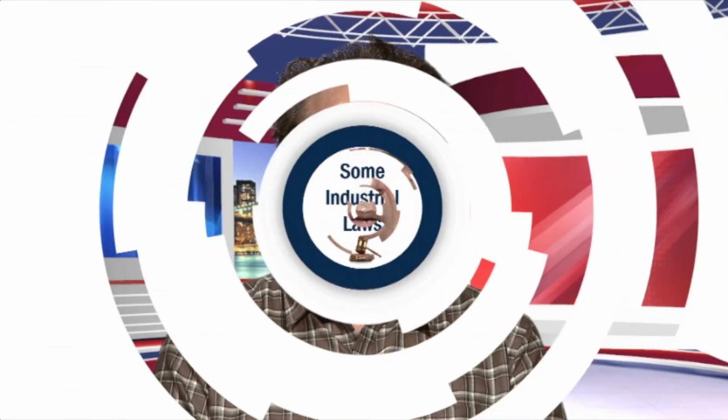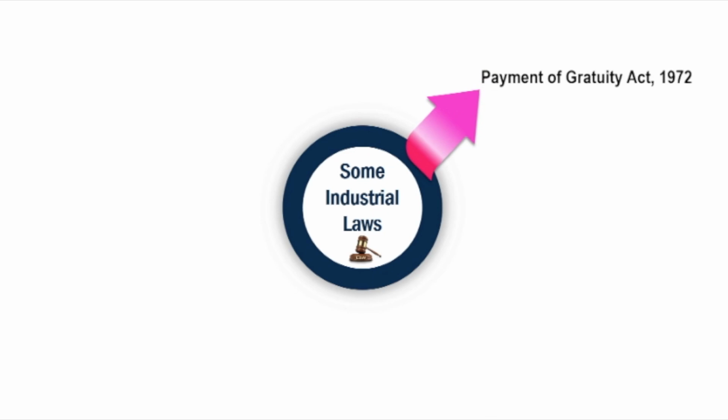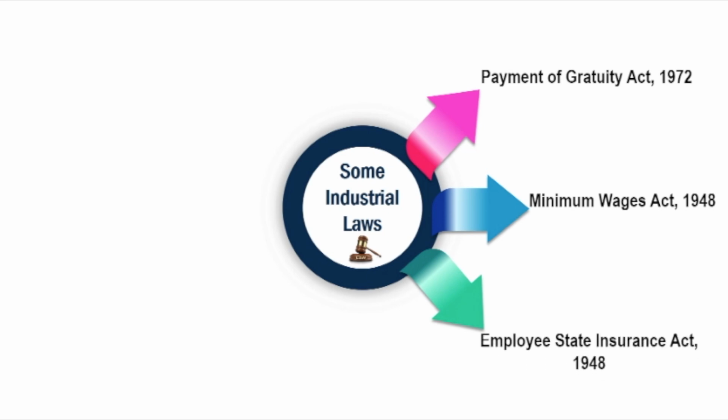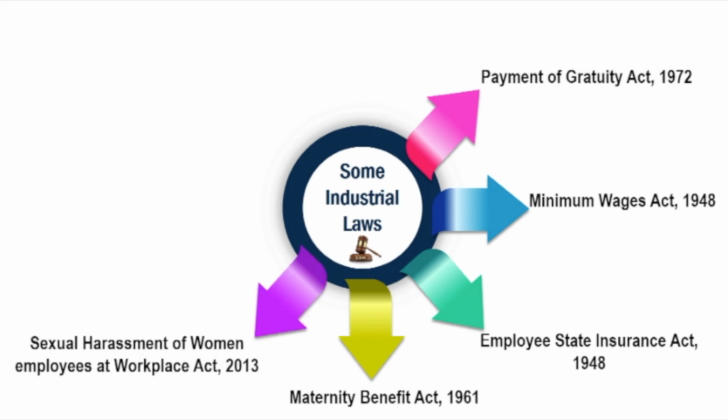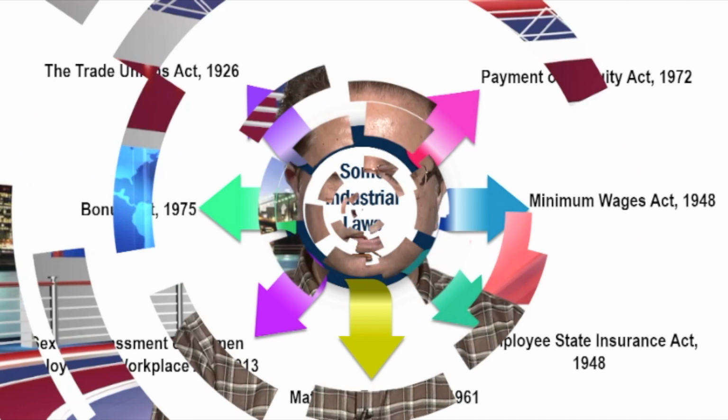Then we have the Payment of Gratuity Act 1972, Minimum Wages Act 1948, Employees State Insurance Act 1948, Maternity Benefit Act 1961, Sexual Harassment of Women Employees at Workplace Act 2013, the Bonus Act 1975 and the Trade Unions Act 1926. Okay. Let us discuss the Factories Act 1948.